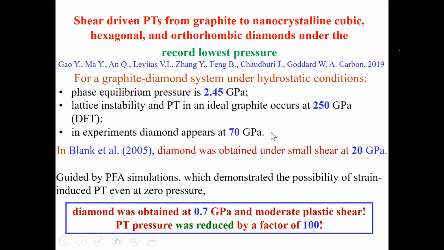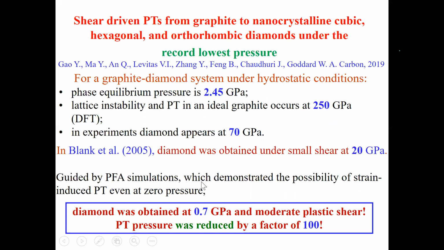So under hydrostatic conditions, the phase equilibrium pressure for graphite-diamond is 2.45 GPa. Lattice instability in ideal graphite is 250 GPa. And in an experiment with real defective graphite, diamond is claimed to be found at 70 GPa.